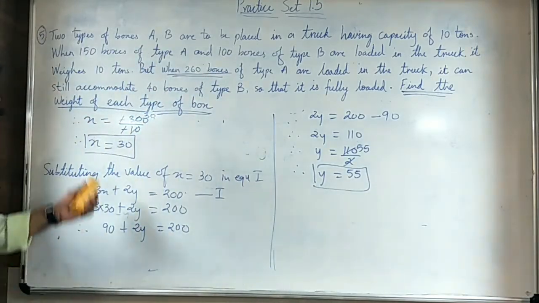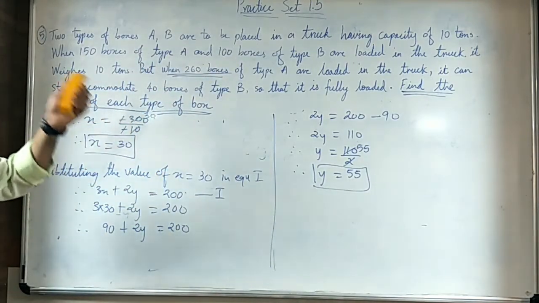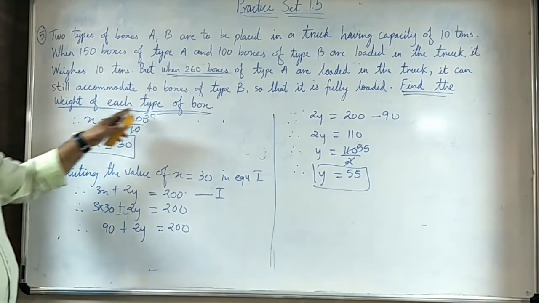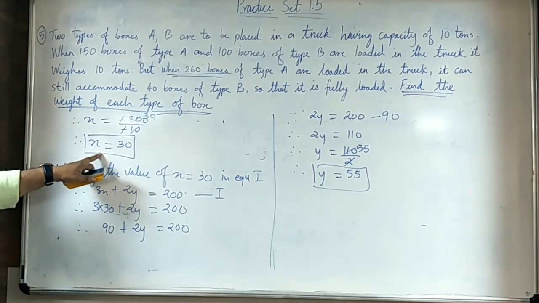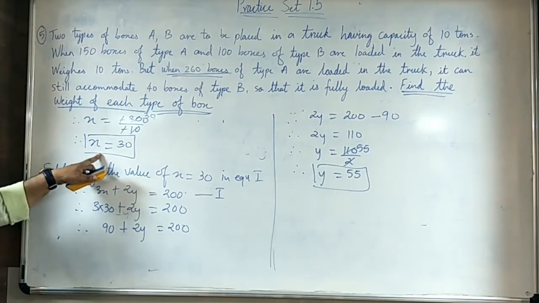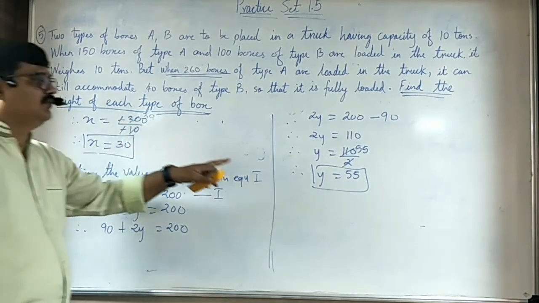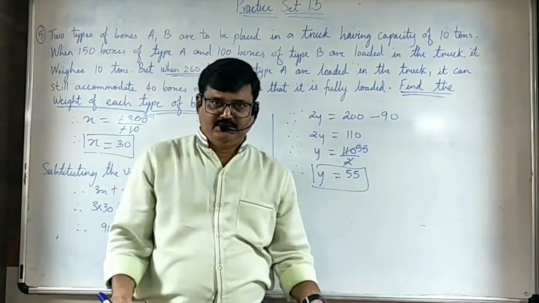Now once I got the value of x and the value of y, that means I got the weight of each box. x is the weight of the type A box, and y is the weight of the type B box, as we kept it over here.